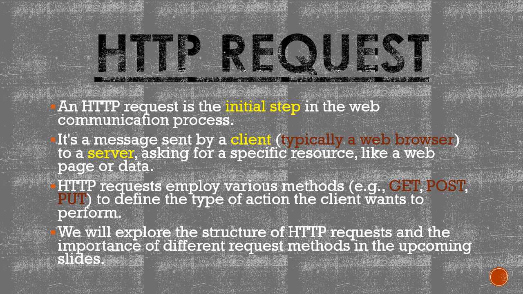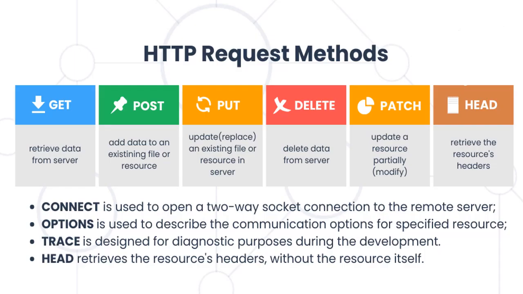The HTTP request uses different methods to indicate the type of action that a client might want to perform on a specified resource. These methods can vary from GET, POST, PUT, DELETE, HEAD, OPTIONS, etc. Let's briefly discuss these methods in the next slide. The three most common HTTP request methods are GET, POST, and PUT.